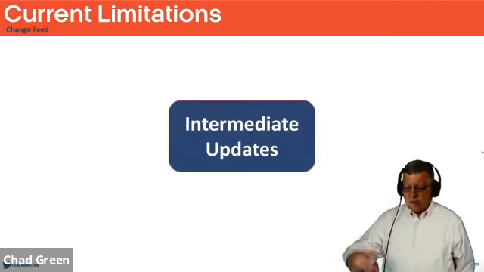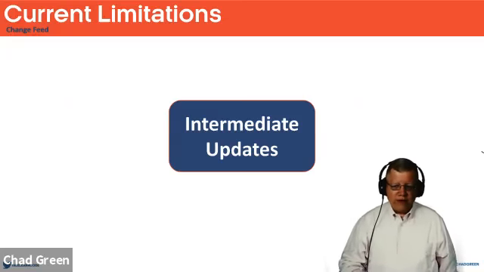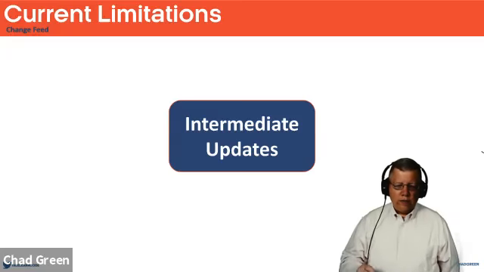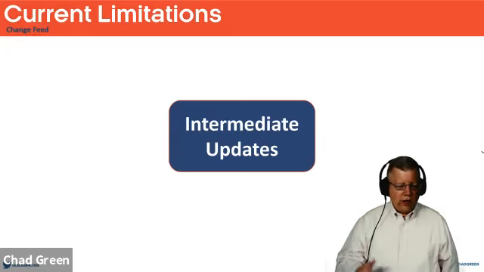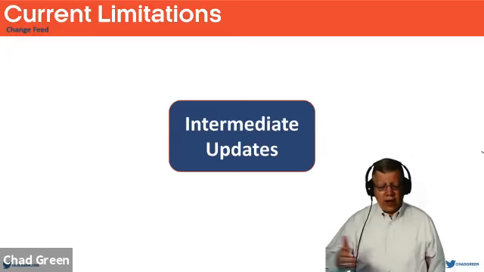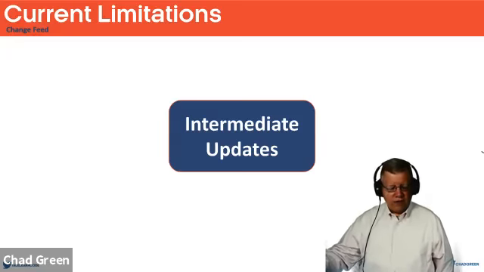All right, so some limitations, some of which I've already talked about. Number one, the intermediate updates. Basically, the only thing you get when you query the change feed is the last update. So if I updated a document 5 times in the time that I read that change feed, I'm going to get only that last update to that record.